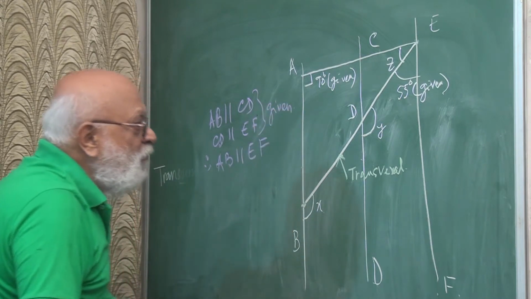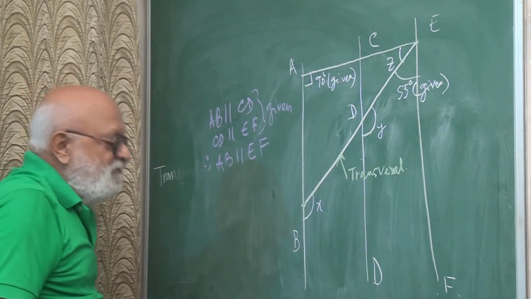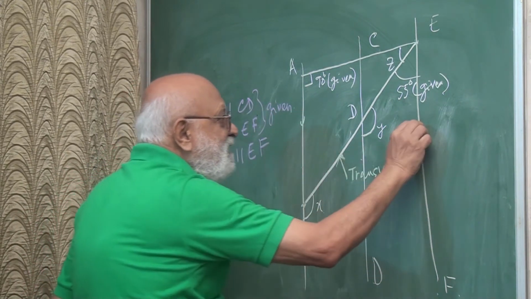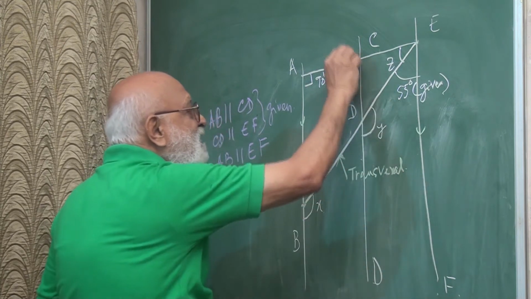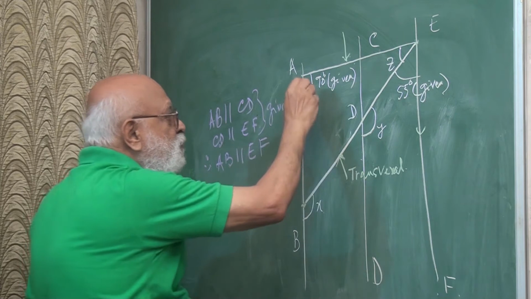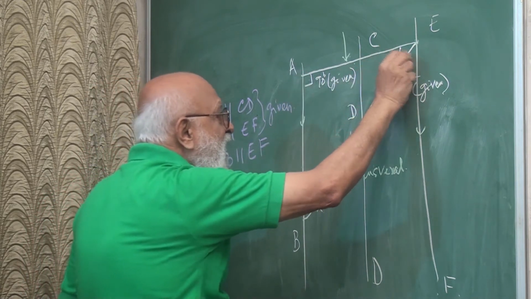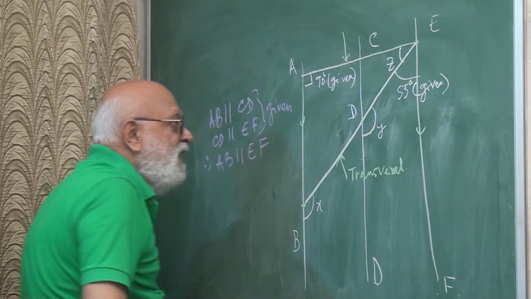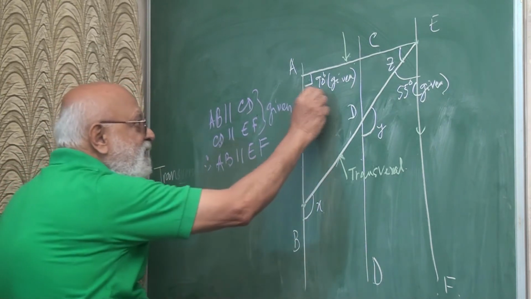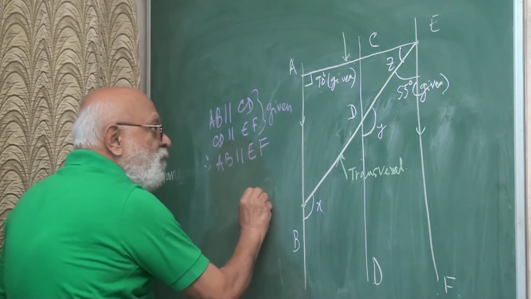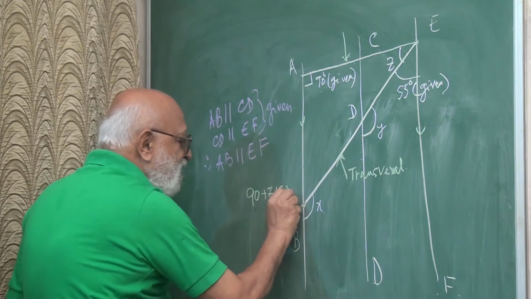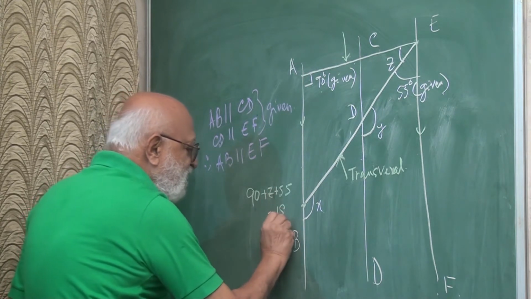So how do we find out this one? If I take this parallel line and this parallel line and take this one as a transversal, then these 2 consecutive angles are supplementary. So I can write 90 degrees plus Z plus 55 is equal to 180.